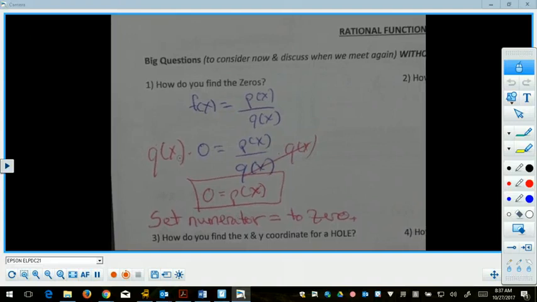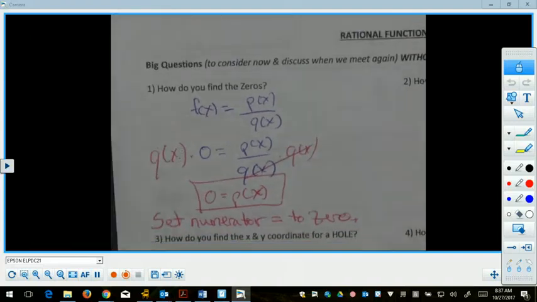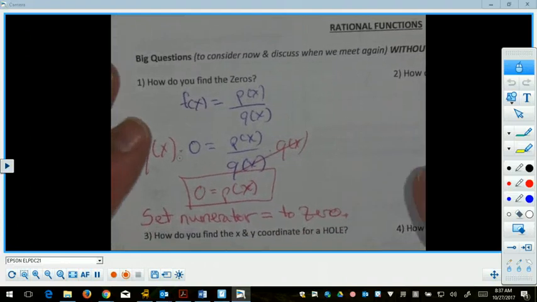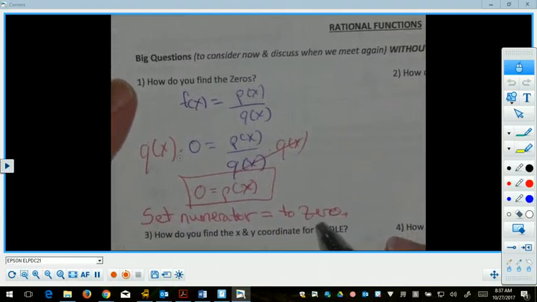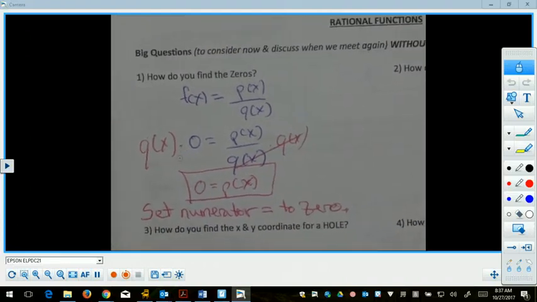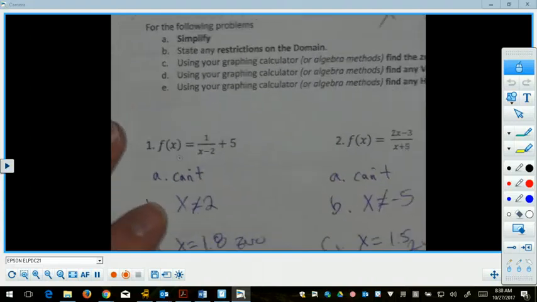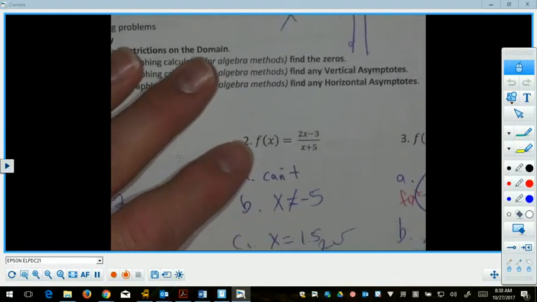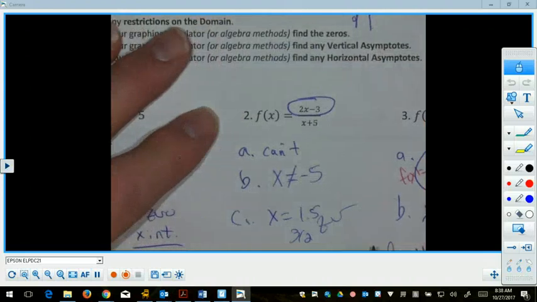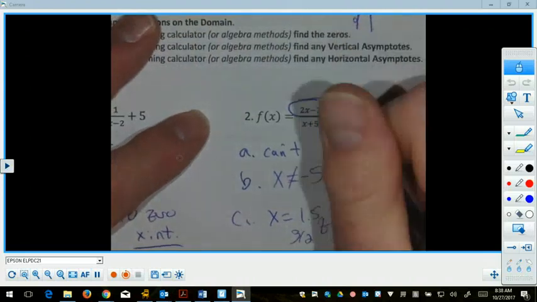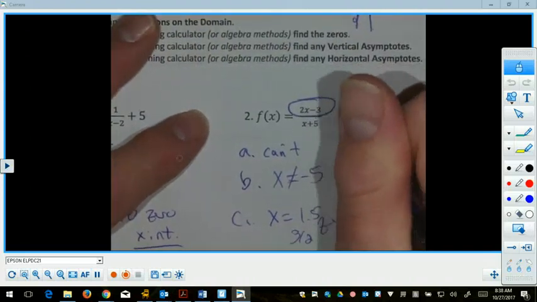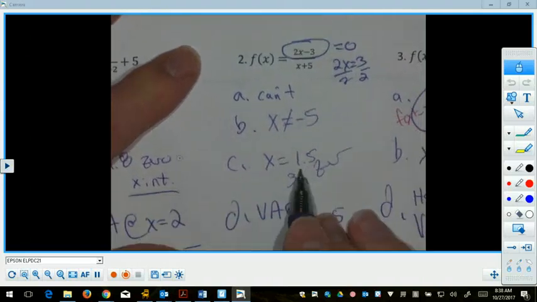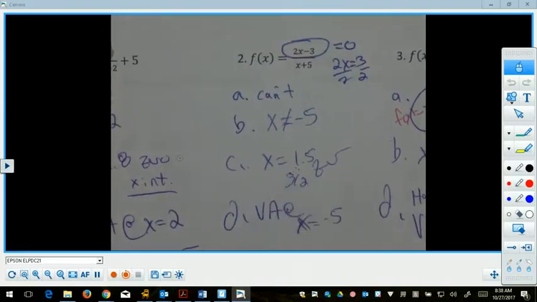If it's a quadratic expression, you could have 2 or 3 or more. So we have that. And if I look back at this one, here's my numerator, 2x minus 3. When I set that equal to 0, I'm going to add 3 and divide by 2. 3 halves is 1.5, which is what we had for our 0.